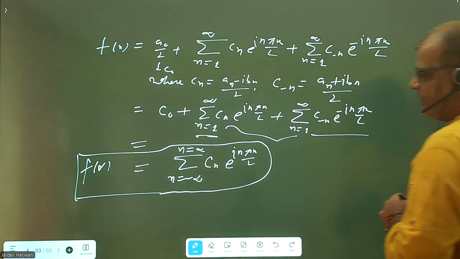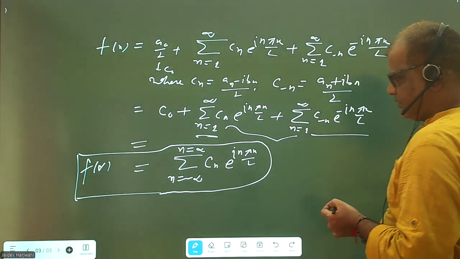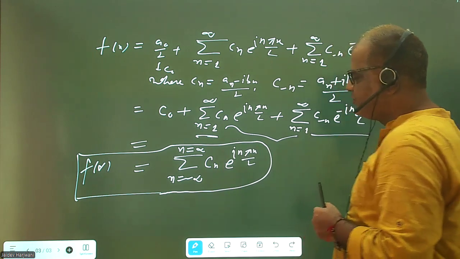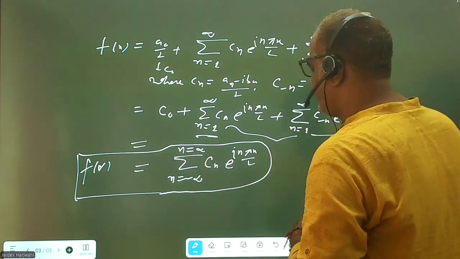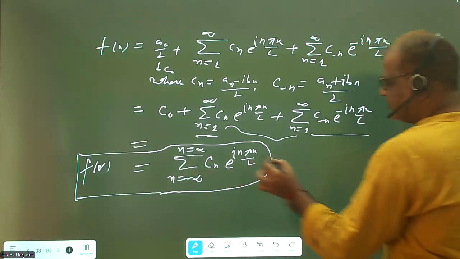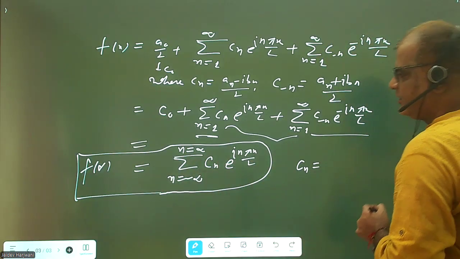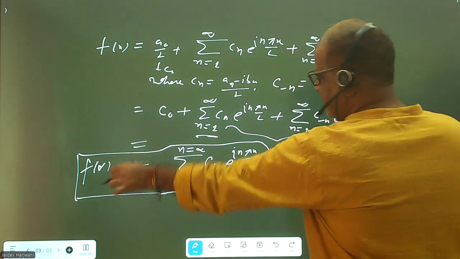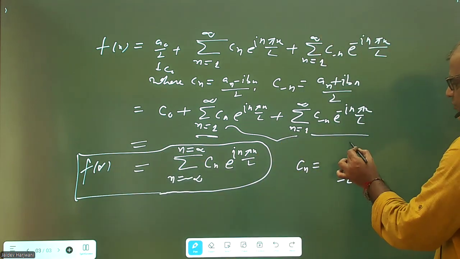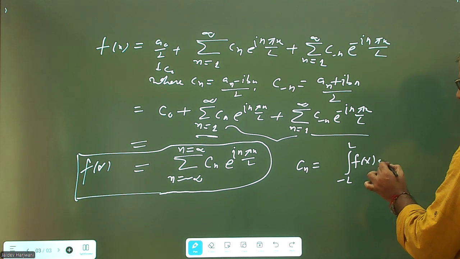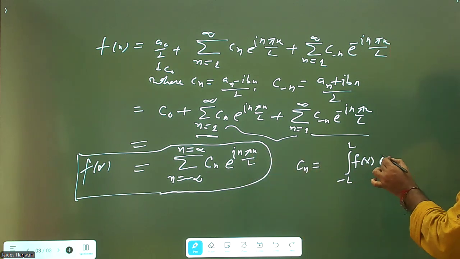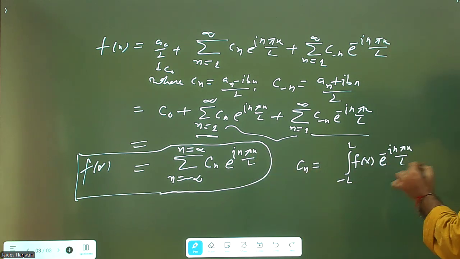And now, in the same way as we do in vector spaces, using the properties of orthogonal functions of the exponential function, we can find the coefficient Cn. It can be calculated if I integrate from minus L to L of f(x) multiplied by e to the power minus iota n pi x upon L, and divide by 2L.